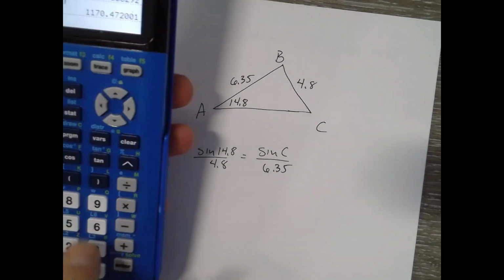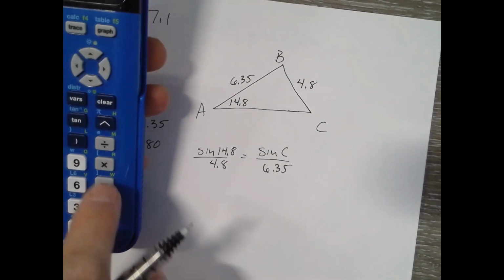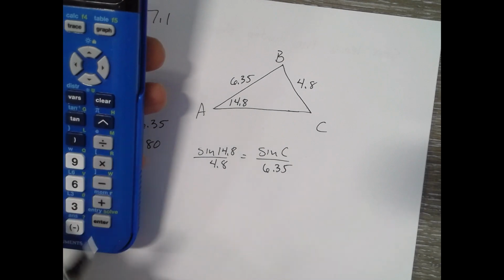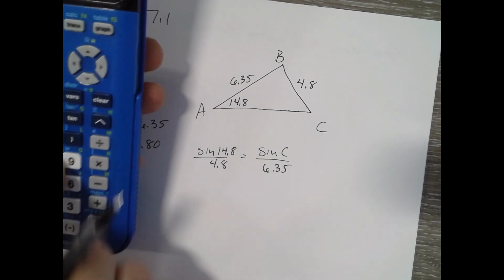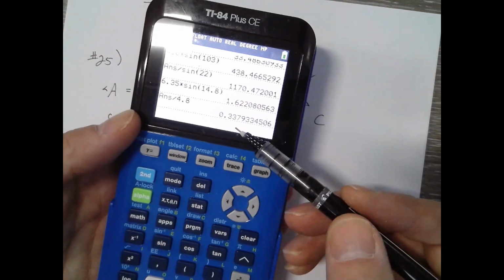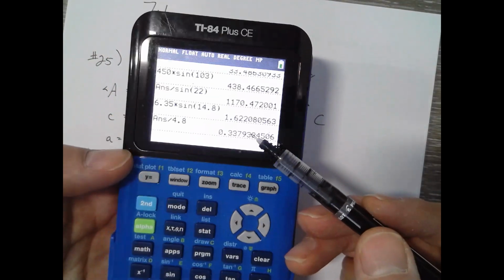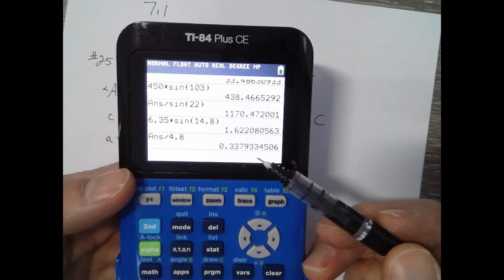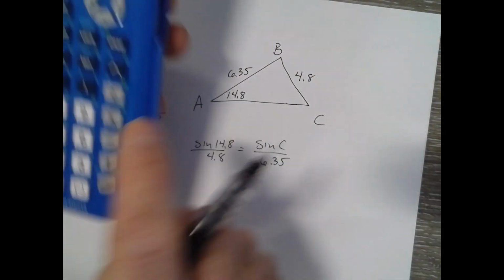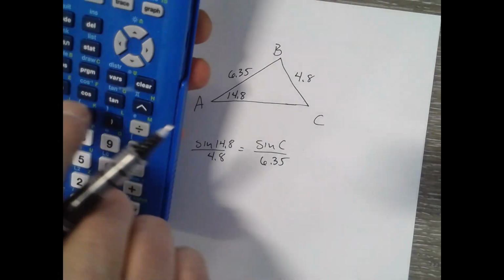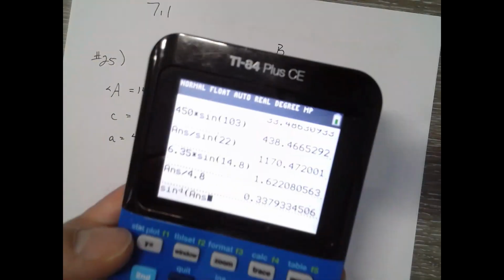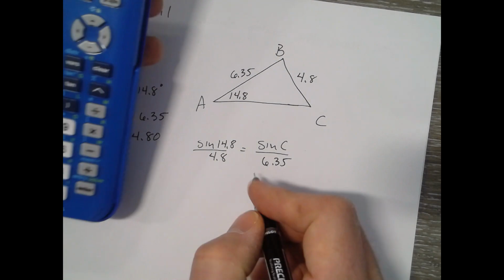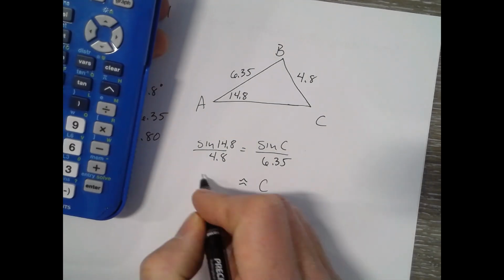So 6.35 times the sine of 14.8 divided by 4.8. We know at least one triangle exists because this is in the domain of inverse sine. So we can do the inverse sine of it, and we get 19.75. So C is about 19.75.